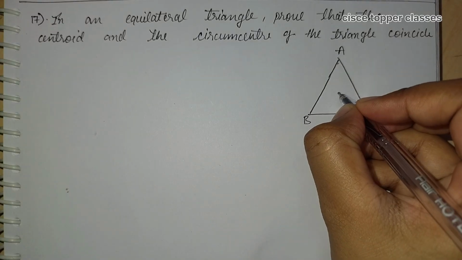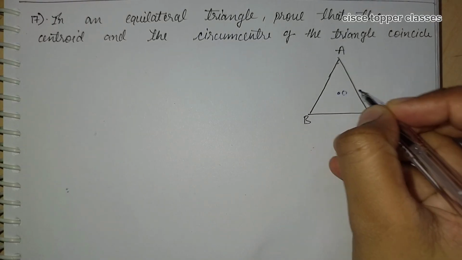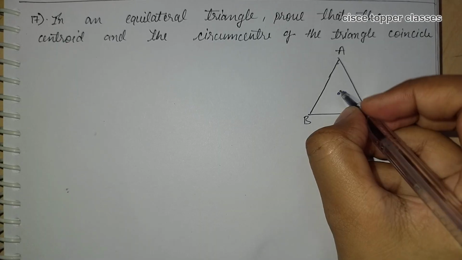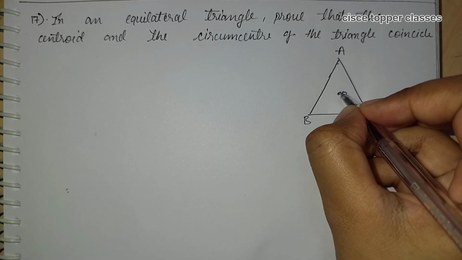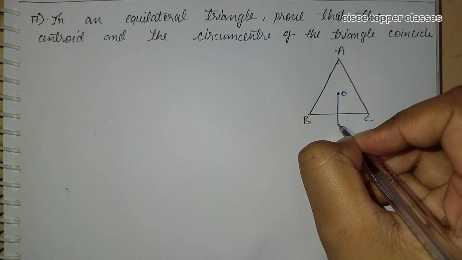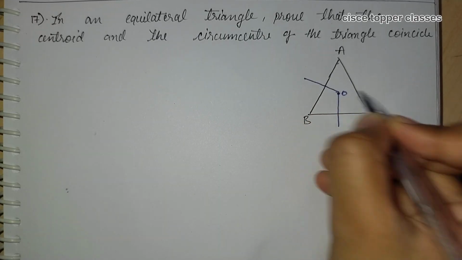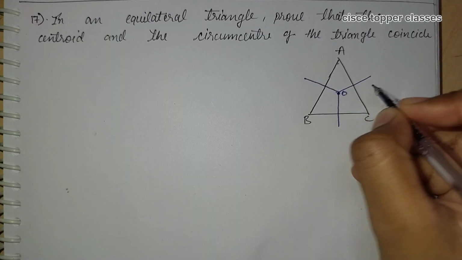Here we have the point O as the intersection of all the perpendicular bisectors. So let this be the bisector of BC, which we can draw like this, and the bisector of AB like this, and the bisector of AC like this.